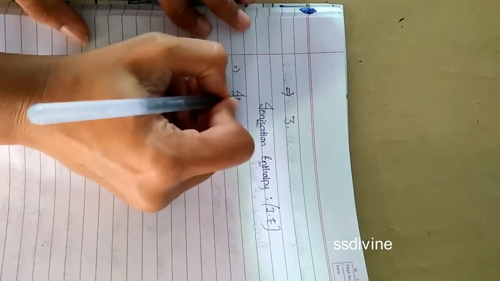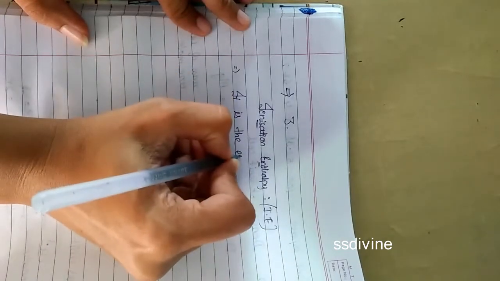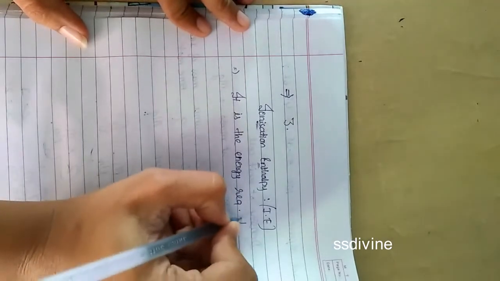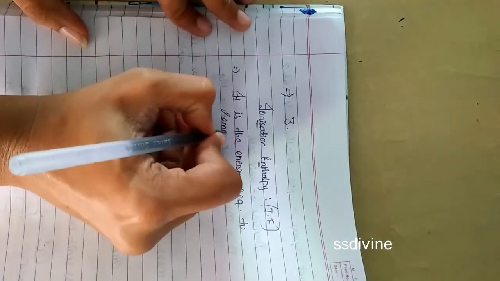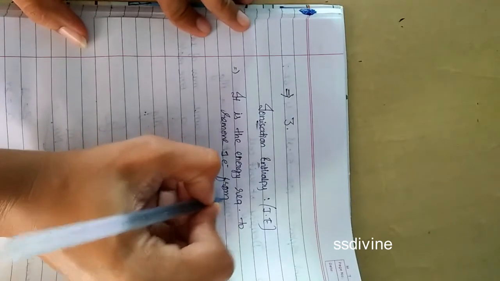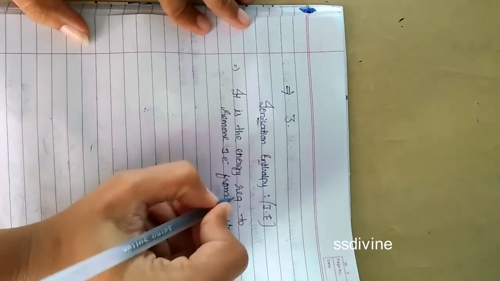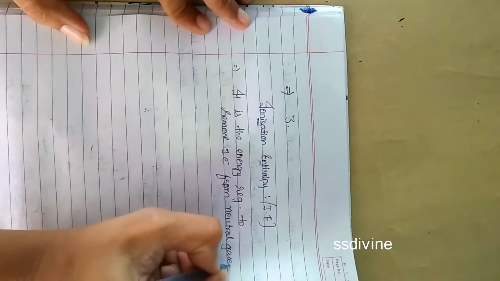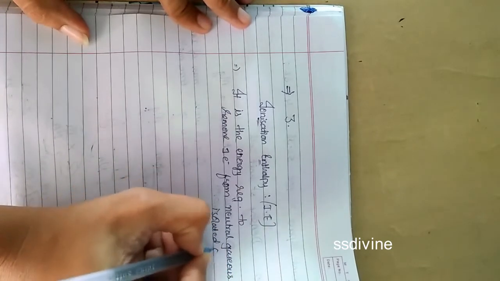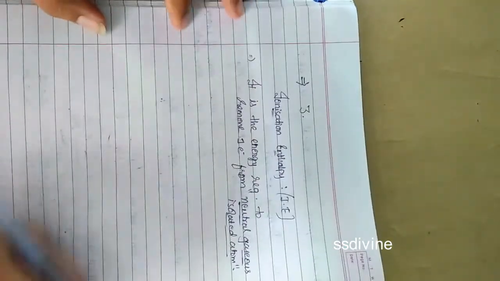It is nothing but the energy required to remove one electron from a neutral gaseous isolated atom. The key word is neutral gaseous isolated atom.